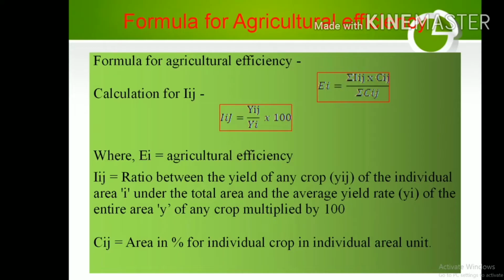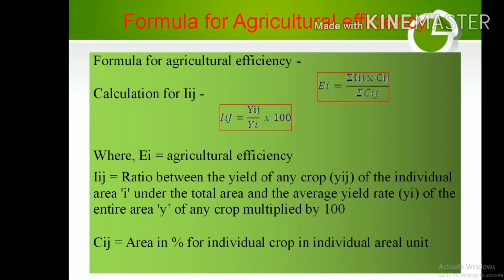So in this formula, Ei equals agricultural efficiency, and Yi is the yield rate or productivity, which you can find out by the formula production divided by area. Yij is the yield rate of the individual crop of any block, whereas Yi is the average yield rate of any particular crop for the entire region.